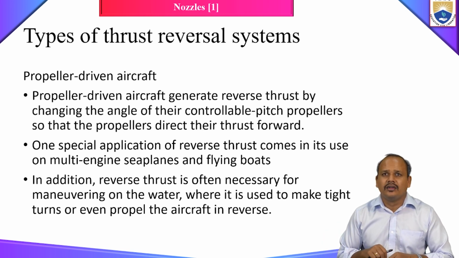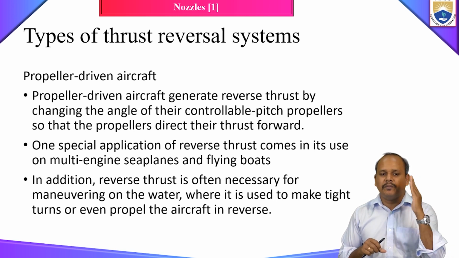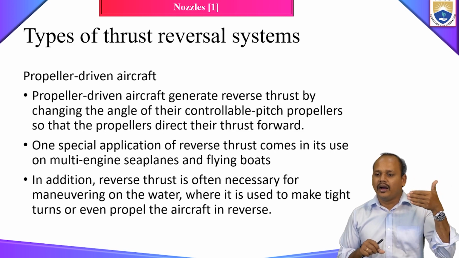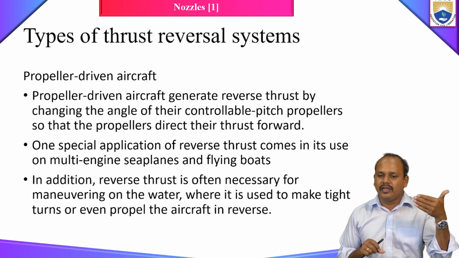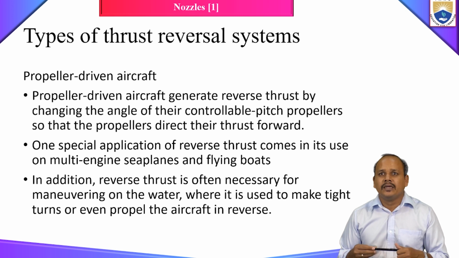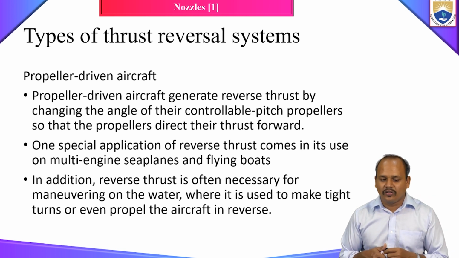So how do we achieve thrust reversal? In propeller-driven aircraft, by changing the pitch of the propeller, we can change the direction of the thrust produced. Once I change the pitch, instead of producing thrust in the forward direction, it is produced in the opposite direction, so the aircraft decelerates. In propeller-driven aircraft, the mechanism is very simple.